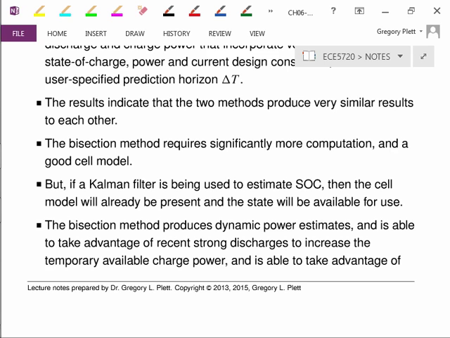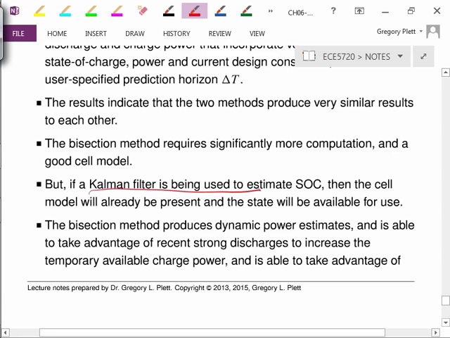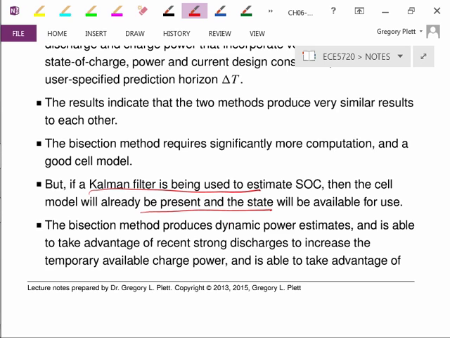However, it does require quite a bit more effort to bisect at every point in time to get the power limit. But if we use a common filter to estimate state of charge, then the cell model already has the present state available for use as the input, as the initial state of the bisection, and I can use the error bounds on that state also as input to the method to produce conservative but tight bounds to the available power that could actually be used.